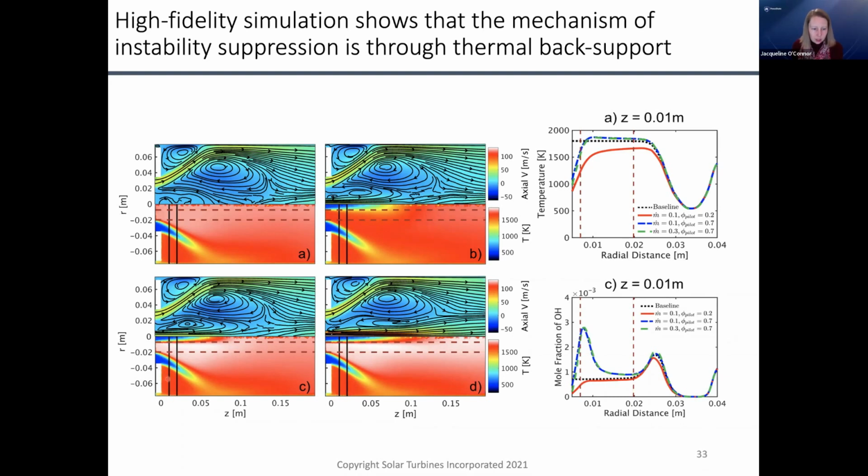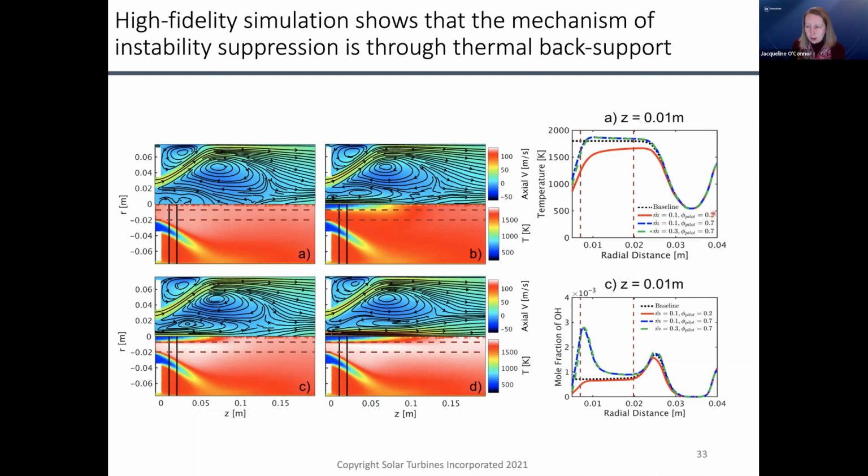This first line here is the plots I've put over here. We're plotting temperature as a function of radial distance, and then mole fraction of OH as an indicator of a reactive combustion species. In the paper that I showed reference where this came from, we look at other species as well. But one of the things you can see, so the baseline is the dotted line, that's no pilot.